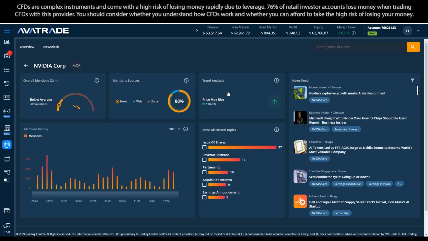But then you should look into the fundamentals, obviously, to see, do the fundamentals align with that technical prediction, right? And here's the latest article we found only 10 minutes ago. It came out: NVIDIA's explosive growth masks AI disillusionment. So that's interesting. Sounds like the glow of NVIDIA is kind of blocking out maybe some other things that people are choosing to ignore about the AI industry.